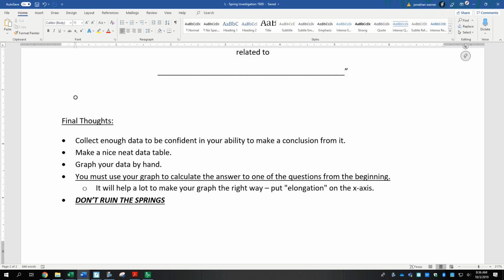And what else? Oh yeah, graphs. When you make a graph in physics, I don't know where you learned it, but some people taught you at some point in your studies that when you make a graph, you should connect the dots. Don't connect the dots. Do not connect the dots. Graphs, for us in physics, are ways to identify general trends in data.